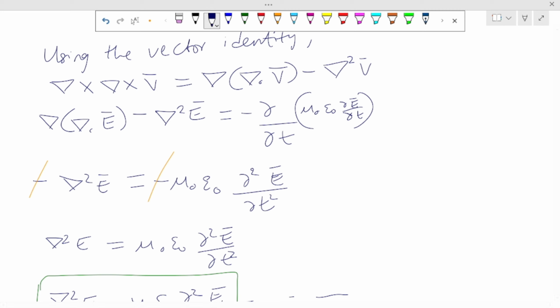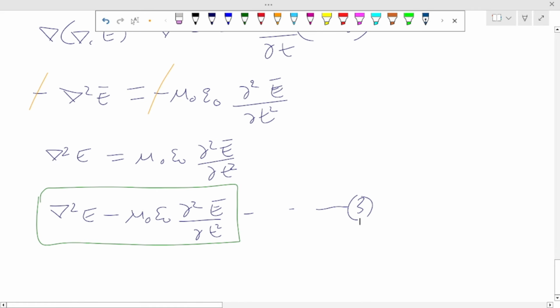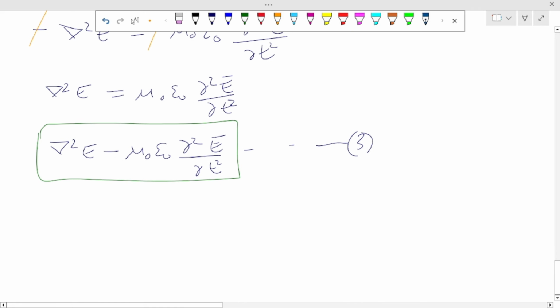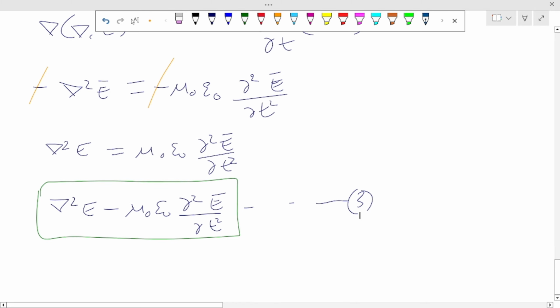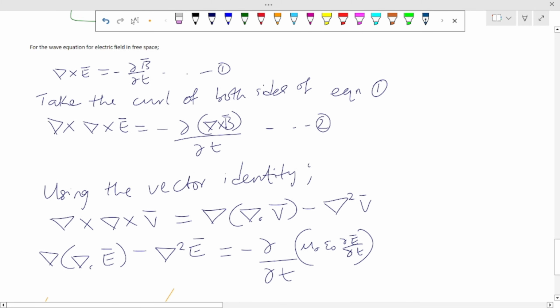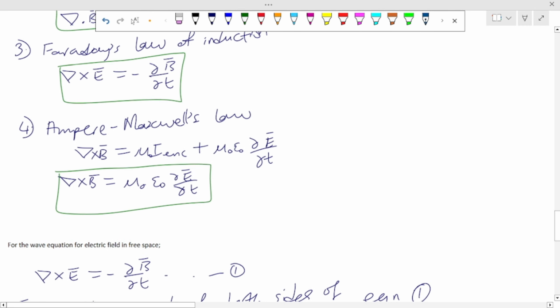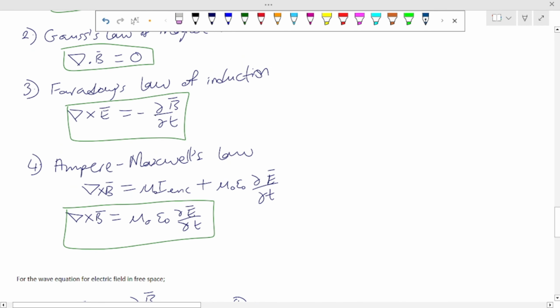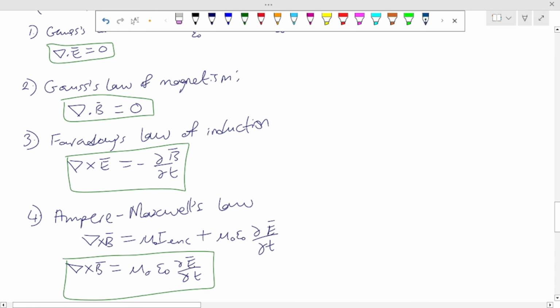The number of the equation doesn't really matter; you can call it whatever, as long as you can recall and make reference to it. The next one is for magnetic field. To get the wave equation for magnetic field in free space, we need an equation from Maxwell that has the magnetic field, either the magnetic flux or something magnetic.